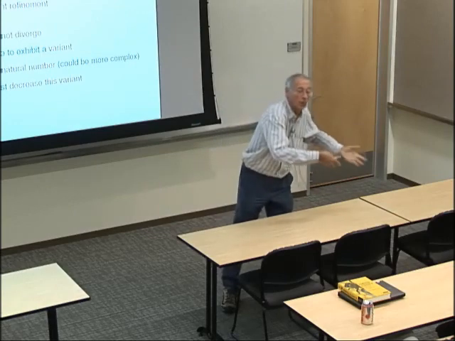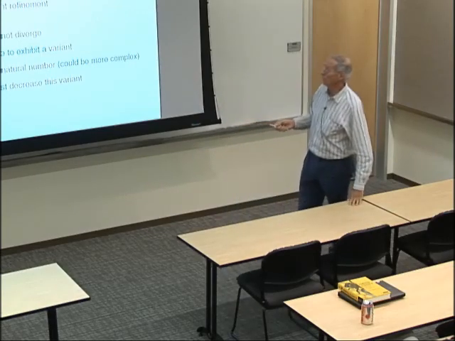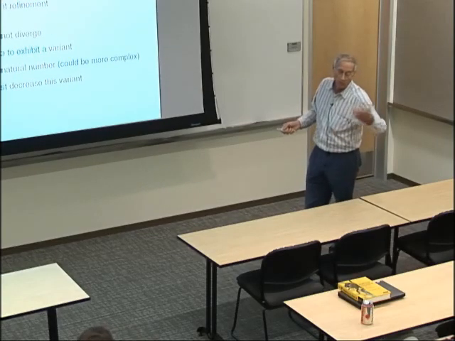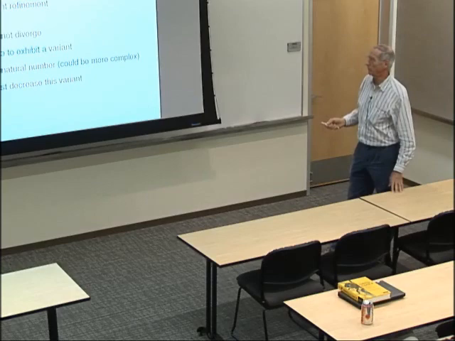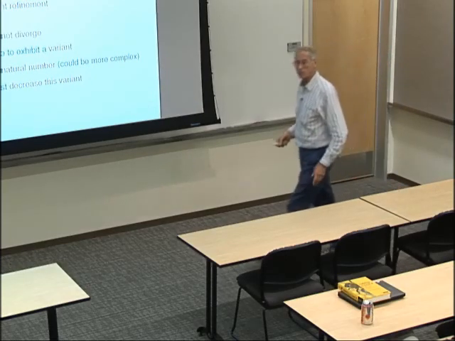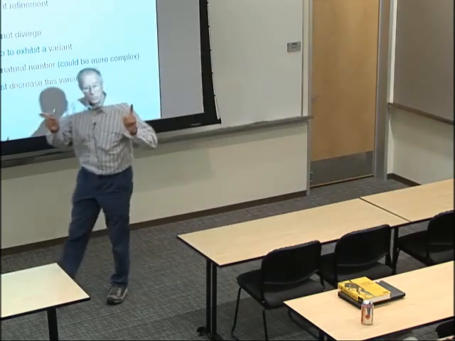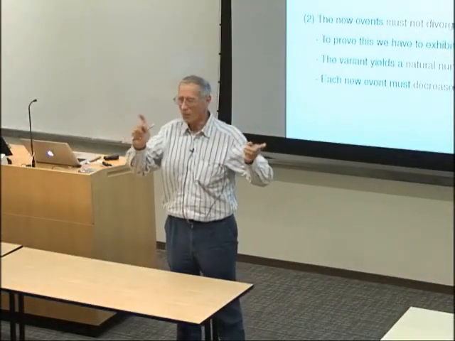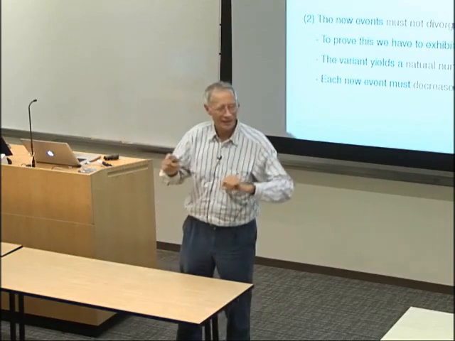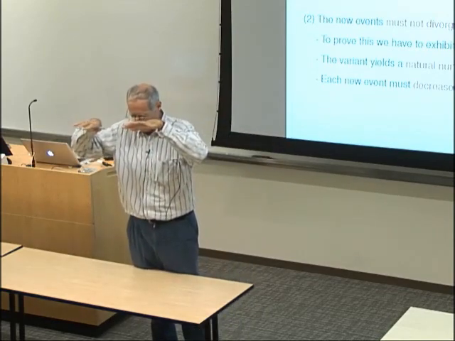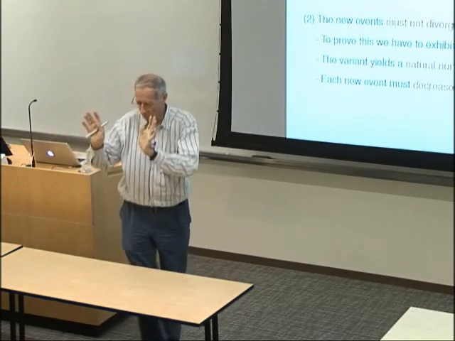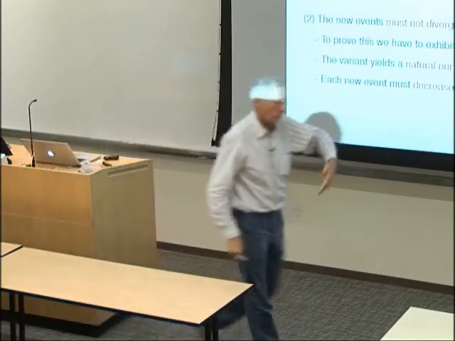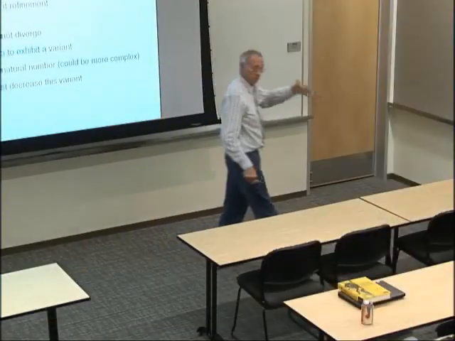They cannot go on forever. Okay, so for this we have to exhibit a variant, which is a natural number or anything more complex, a well-founded thing, and each new event decreases this variant. And the variant is the same for all the population of new events, because otherwise they could play ping pong. We want to be sure that the entire population of new events decreases this variant, so that eventually the old events could be executed.